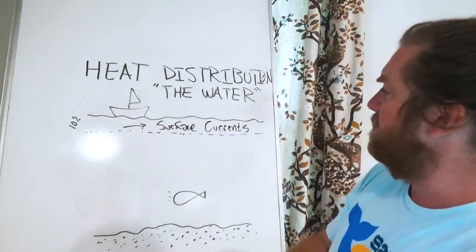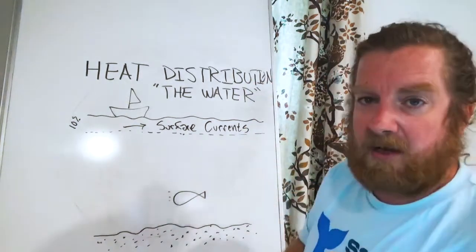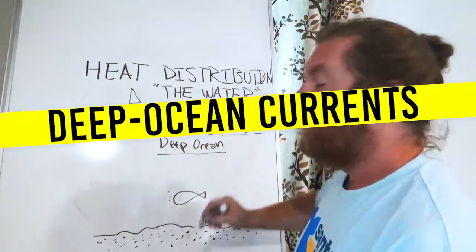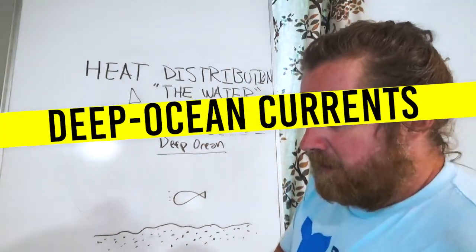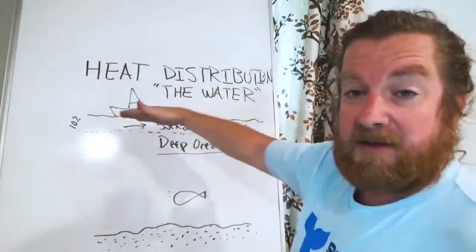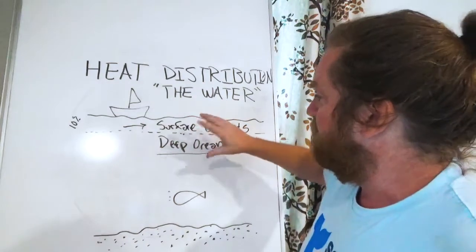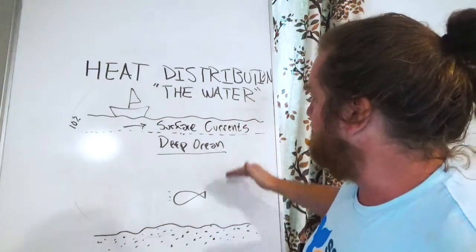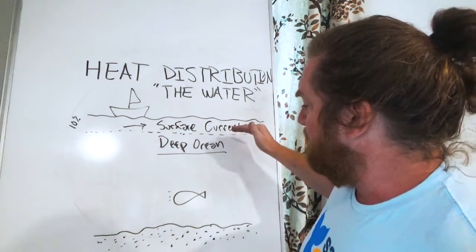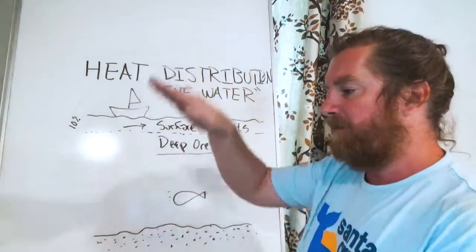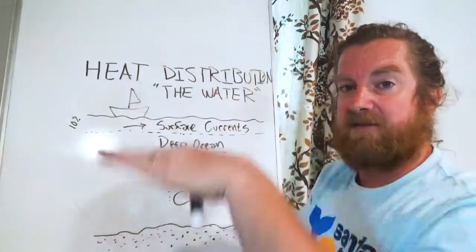The ones that are a little more difficult to understand are what we call deep ocean currents. Deep ocean currents are in some ways affected by the wind, right? Because they're underneath this water that's moving. So they are related in a complicated way. But deep ocean currents really are vertical currents. I mean, they're horizontal as well, but they really facilitate the mixing of the ocean.